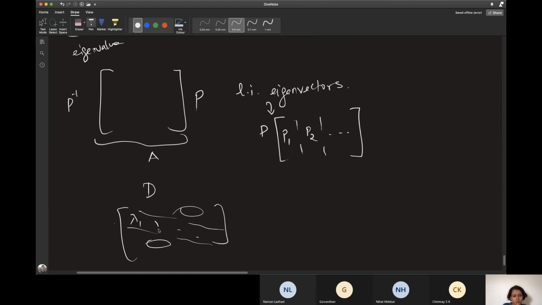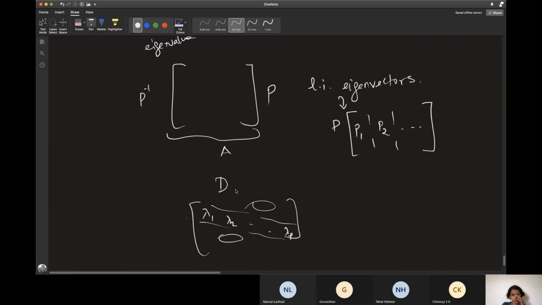So it's possible when you have linearly independent eigenvectors, because P inverse will exist only when all the rows or columns in the matrix are linearly independent. If they are not linearly independent, P inverse won't exist.